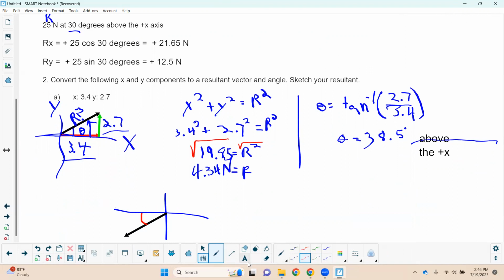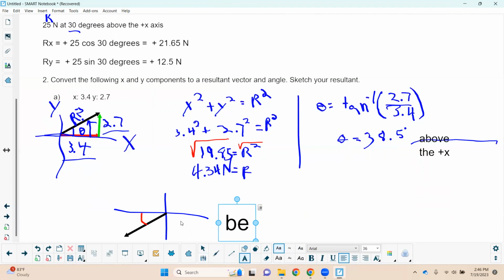I'll give you a second to think about how you would describe that. I would say you're going down, so that's below. The horizontal is the x-axis, you go down to get to the end of this arrow. And it's below the negative x-axis. So this angle theta would be whatever number it turns out to be from your inverse tan function, and it would be below the negative x.